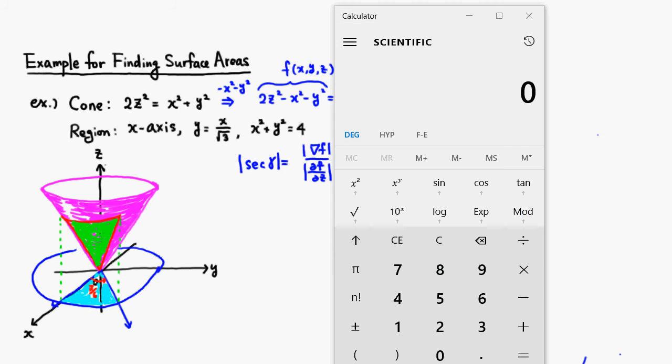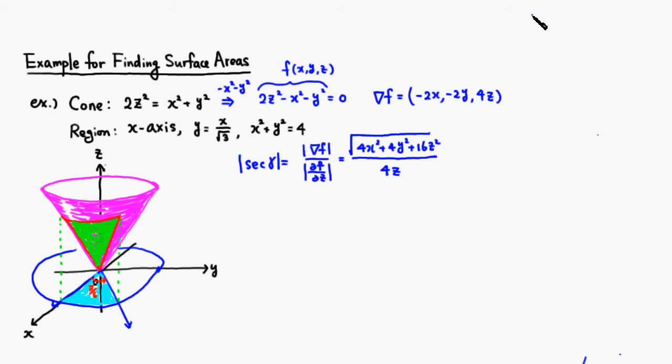Then try to simplify as much as possible. Since we know that 4x squared plus 4y squared is really the same thing as 4 times x squared plus y squared, and x squared plus y squared is the same thing as 2z squared, this is going to be 4 times 2z squared, so it's 8z squared. So this can be simplified too. We have to take the absolute value here.